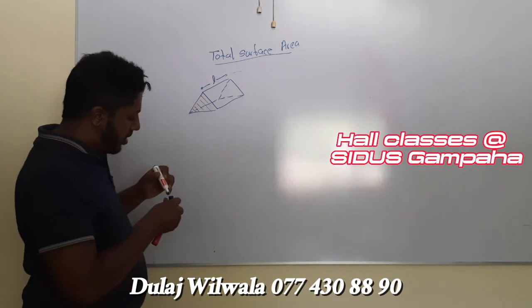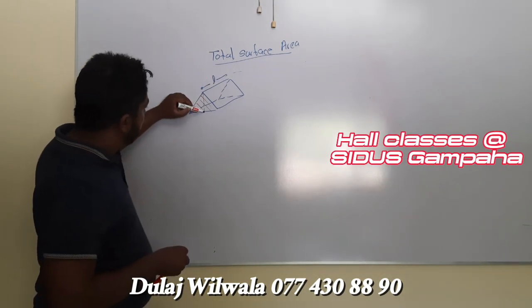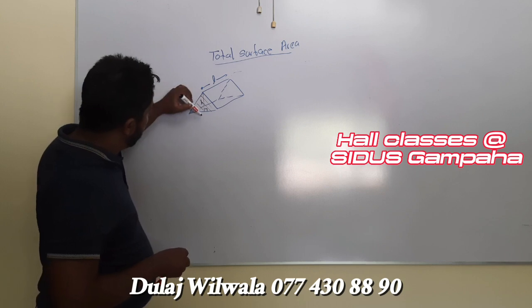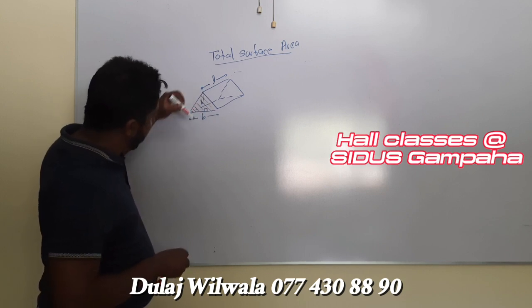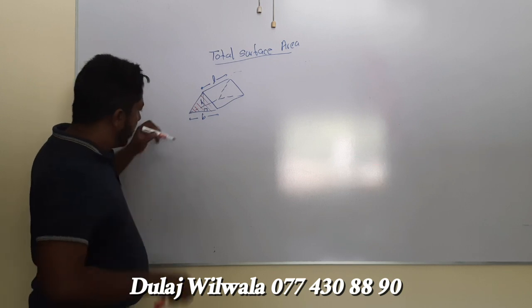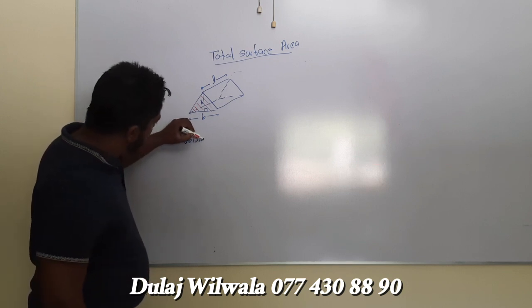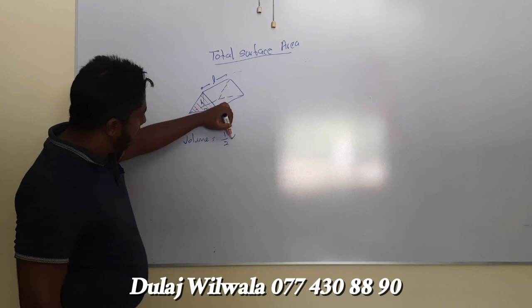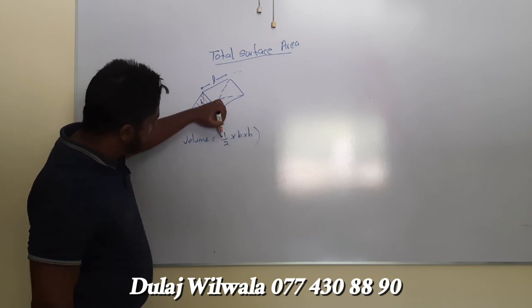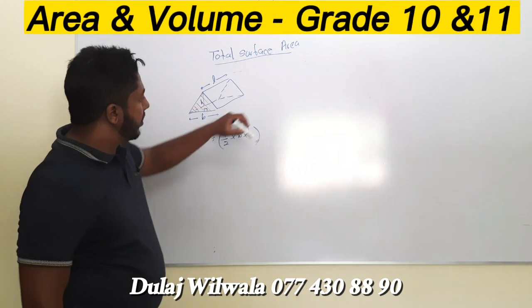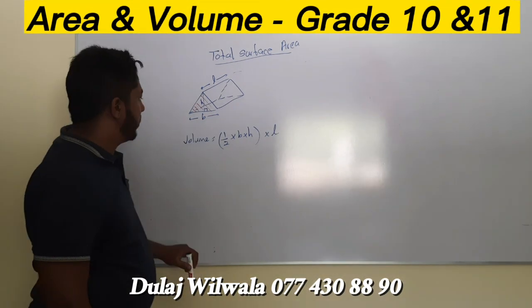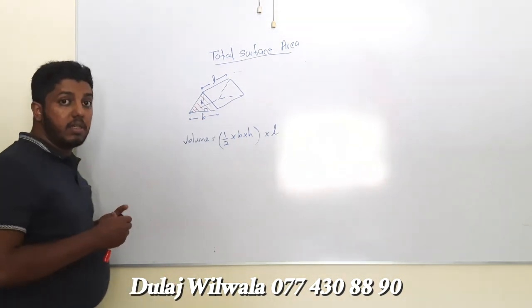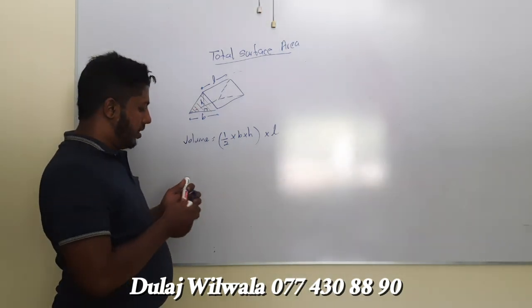So here, if this height is h and the base is b, the volume will be half into b into h, the cross section, into the length. This would be the volume of a prism.